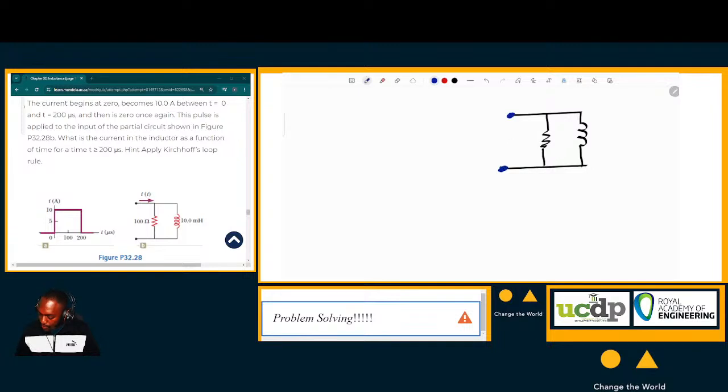So here we've got 100 ohms, and we've got 10 millihenry, and then we've got our current I, which is flowing at this point.